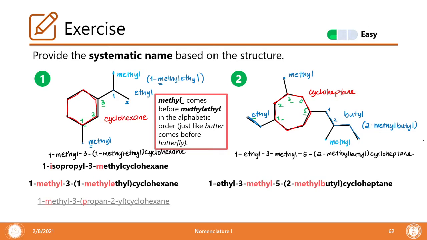So 1 ethyl, 3 methyl, 2 methyl butyl, cycloheptane. I did highlight it to show the difference in alphabetization, but in this case it doesn't matter. What matters is we numbered it in such a way that they have lower numbers. The choice of ethyl being first, however, is because of its alphabetization.